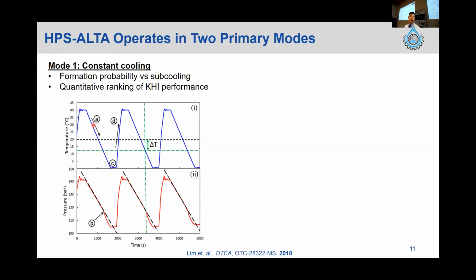When temperature goes down, the pressure would drop as well, and when you see a sudden drop in pressure, that tells you the formation onset. Then the system heats back up automatically before the next formation cycle happens again. We do this until we get about 100 formation events, and then we can generate a single data set.